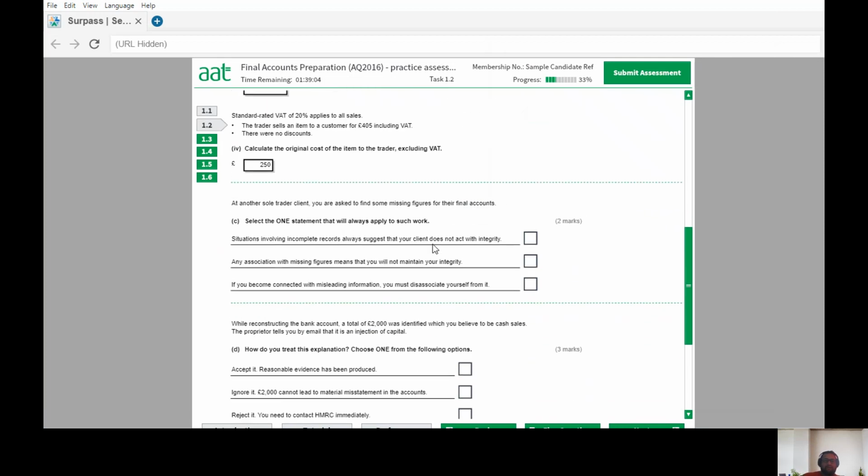The next one we have: at another sole trader client, you are asked to find some missing figures for their final accounts.